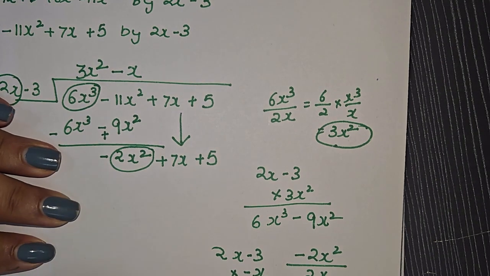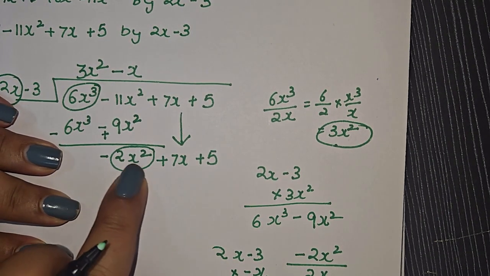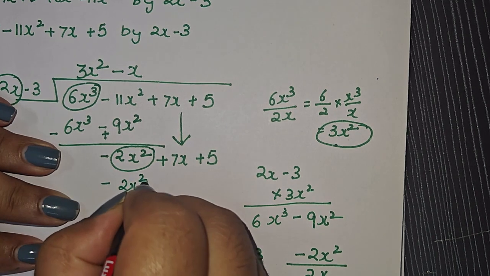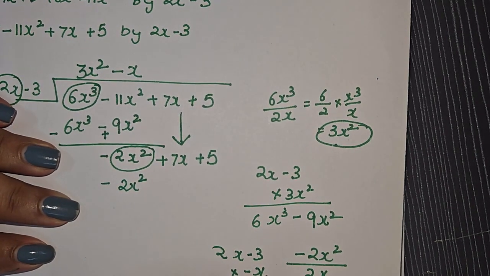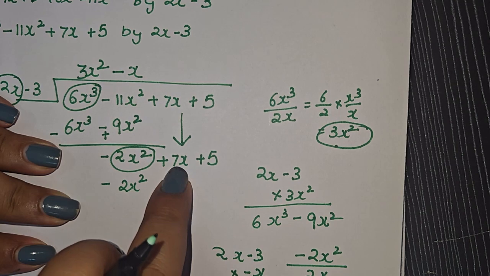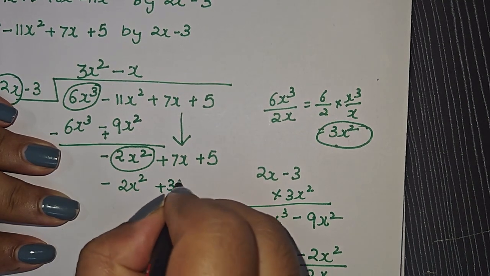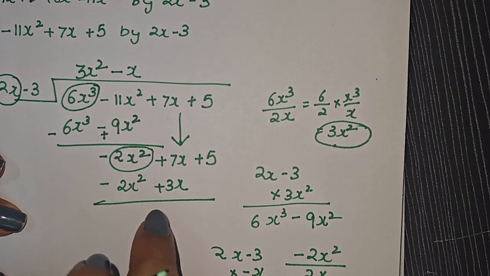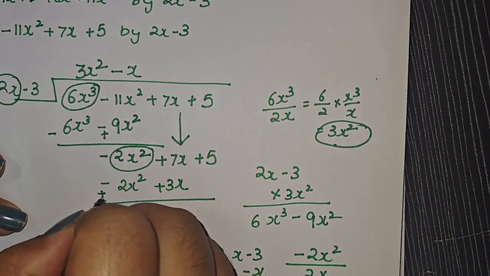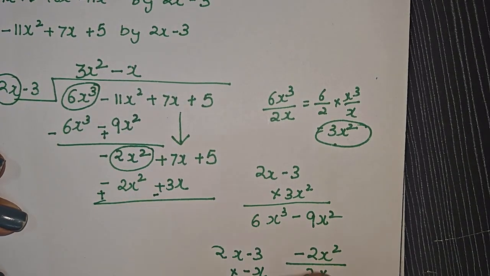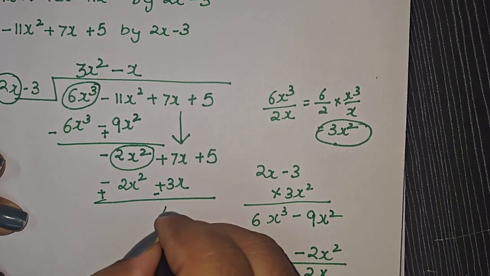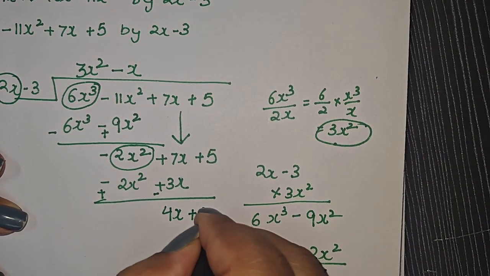Again we will put x square under x square, minus 2x square. This is 3. So I will put 3 here. Since we have to subtract, we will change the sign. Minus will be plus, plus will be minus. This will be 0. Here we will have 4x plus 5.